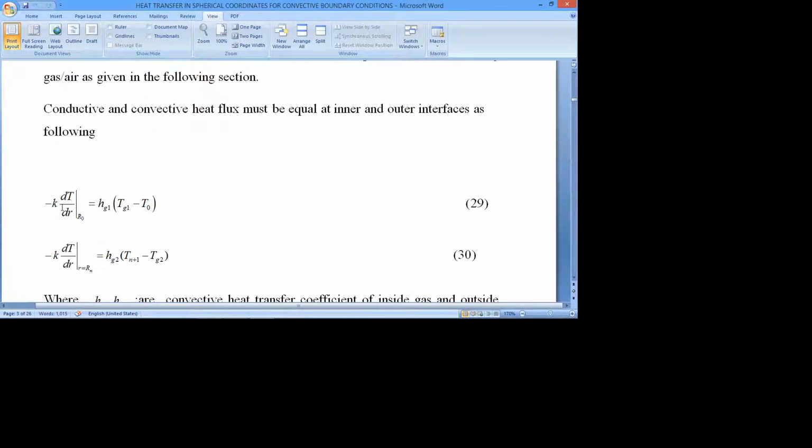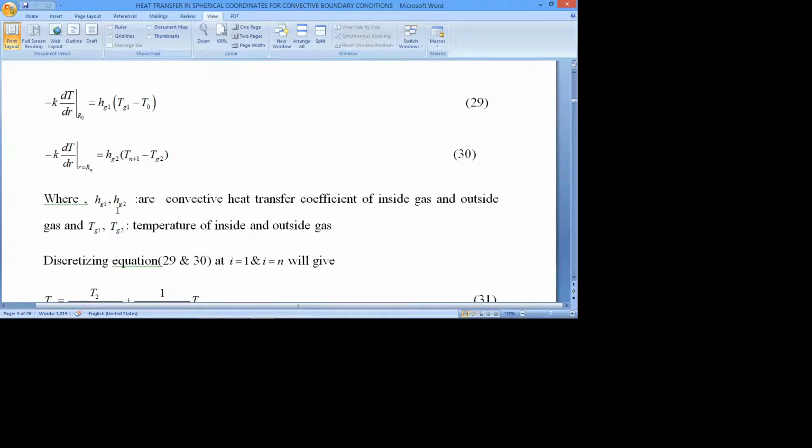Whatever conductive flux is coming to the boundaries must be balanced by the convective flux going from the boundaries, or from the outside gas to the metal surface. This is the convective flux balance at the inner surface, and this is the convective flux balance at the outer surface, where Hg1 and Hg2 are the convective heat transfer coefficients of the inside and outside gas. Tg1 and Tg2 are their respective temperatures.